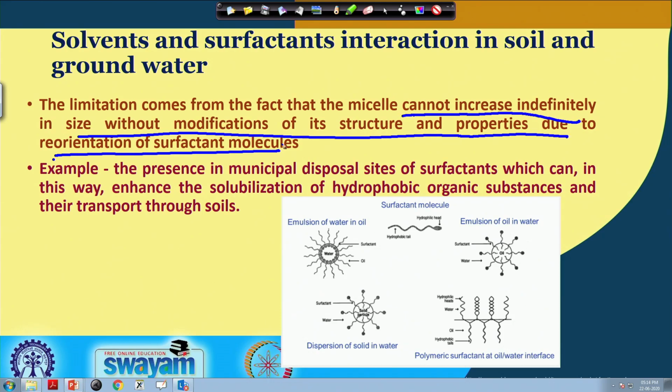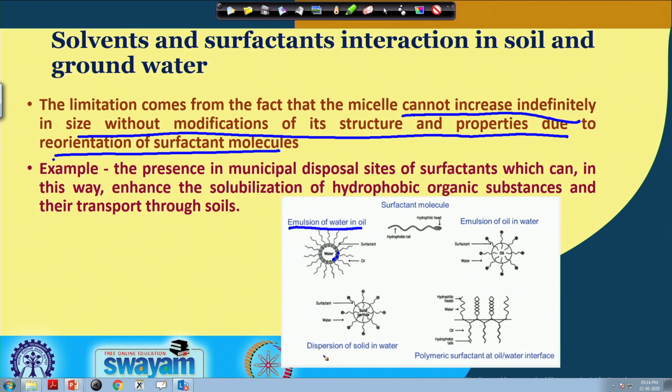You can see here this is water in the aqueous phase, and this surfactant has hydrophilic ends which surround the aqueous phase or water, and hydrophobic tails which are in the vicinity of the oil. Ultimately it produces an emulsion of water in oil.